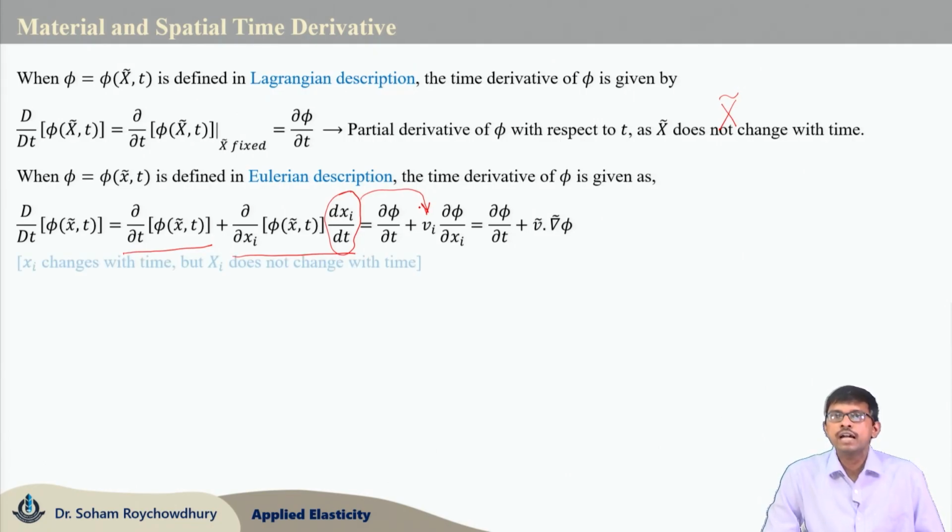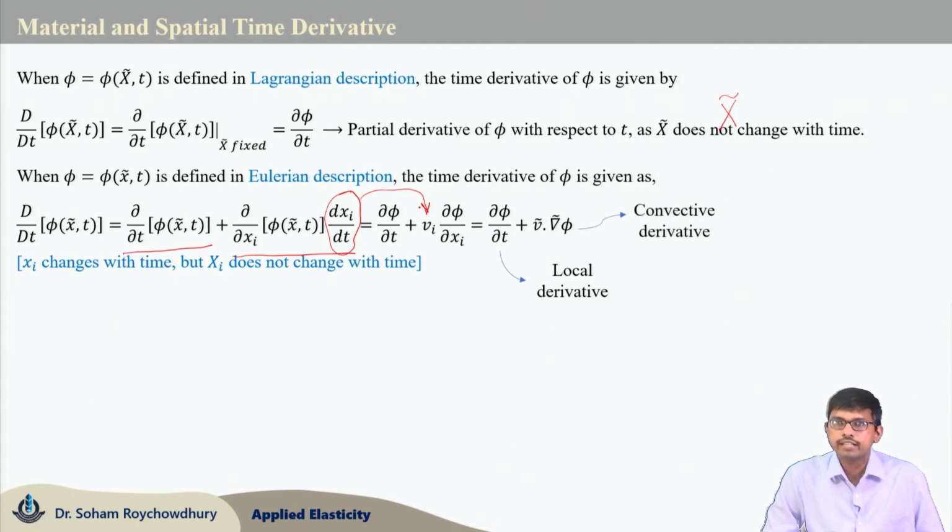So, total time derivative in the spatial or Eulerian description has two terms. One is del phi del t, which was also present for Lagrangian description. Second term is V dot grad of phi. So, this first term is called local derivative with respect to time, whereas second term is called convective derivative. So, total derivative in spatial coordinate is summation of local derivative and the convective derivative.